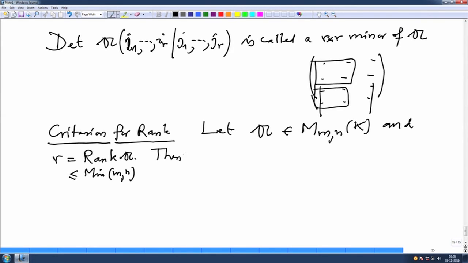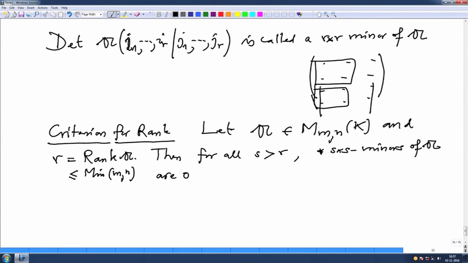Then for all s bigger than r, s cross s minors of A are 0.